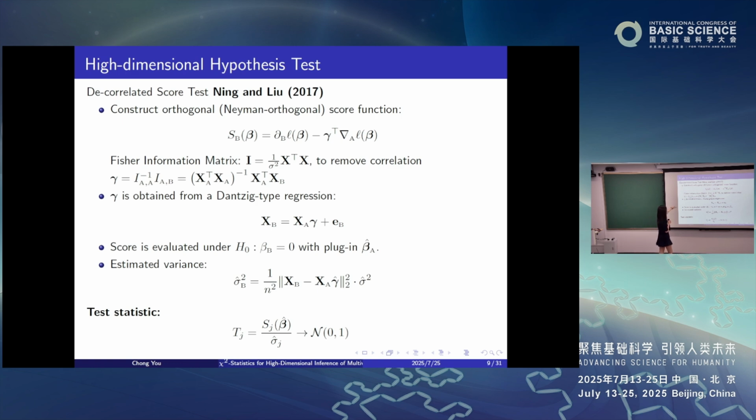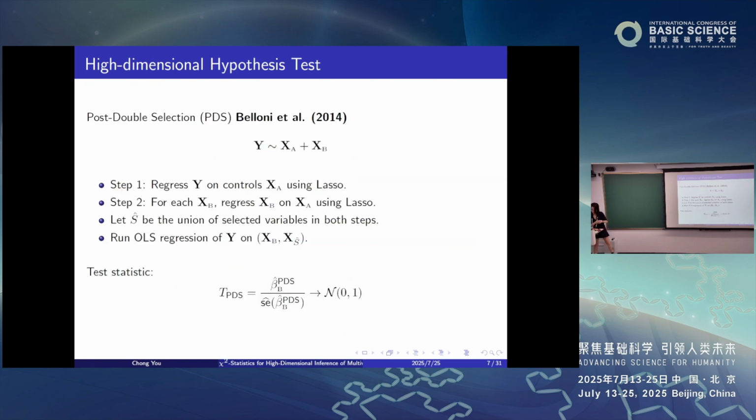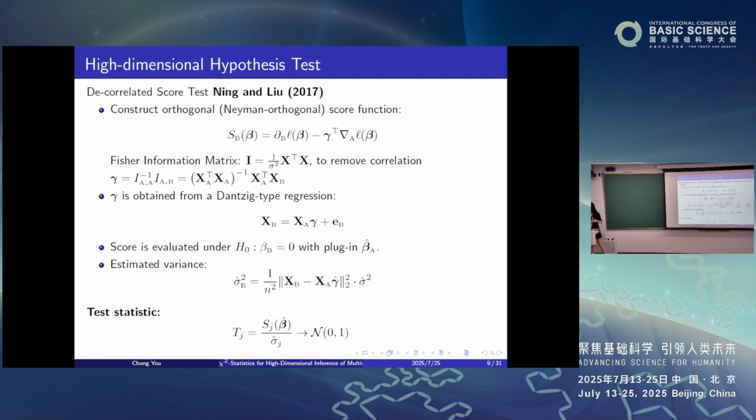So to remove the correlation, we can use this. And if we look into this one, what is that? It is actually the coefficient, the least square estimate between XB and XA. But the problem here, again, is that this is not invertible because it is not full rank.